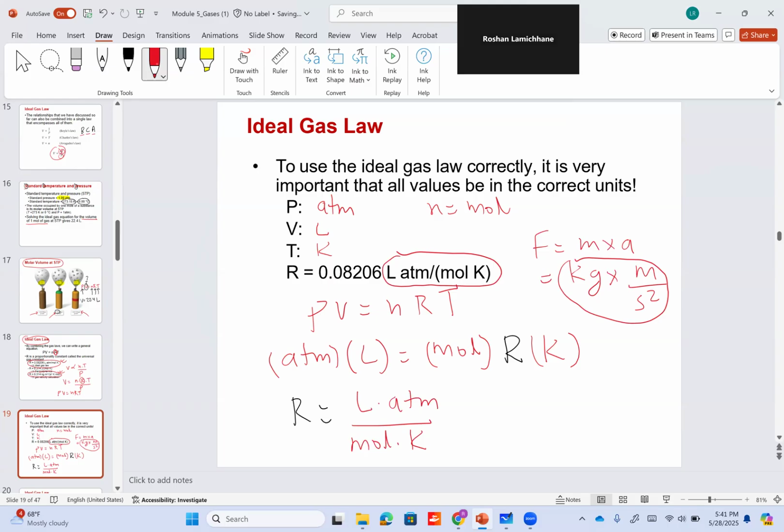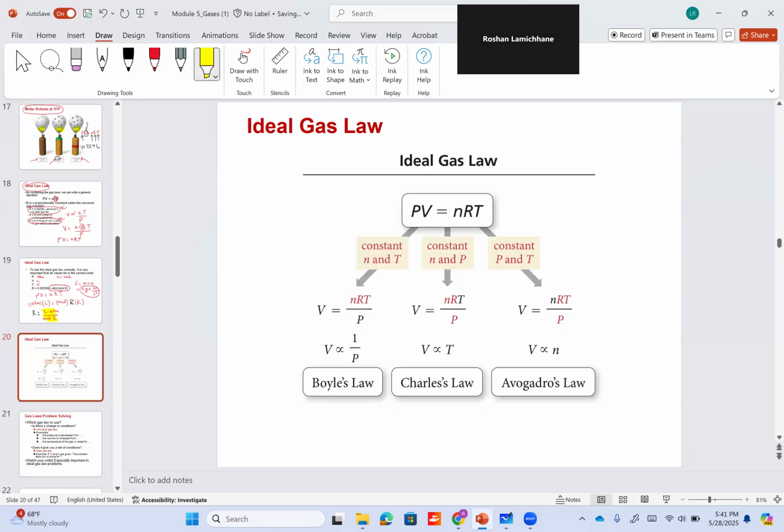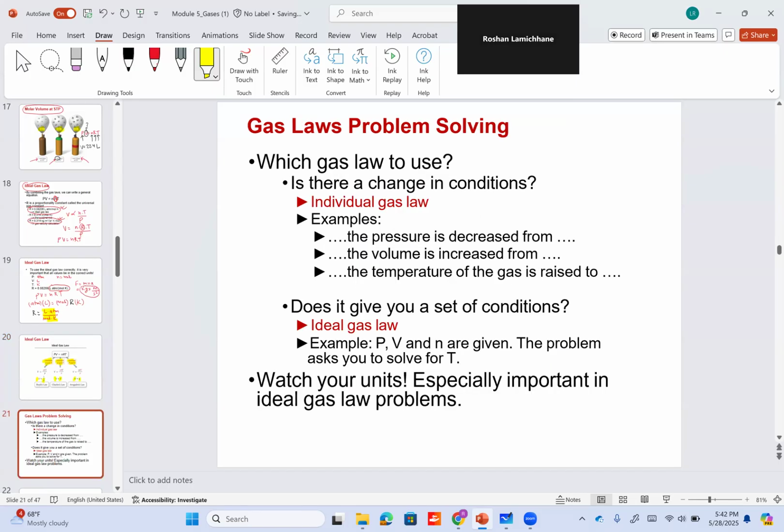And that's what I did here to figure out the unit of R. Again, this is more like telling you what the constant is in your Avogadro's law, and so on, going backward as to how these are related. Right now, let's look at some of the gas laws problems.